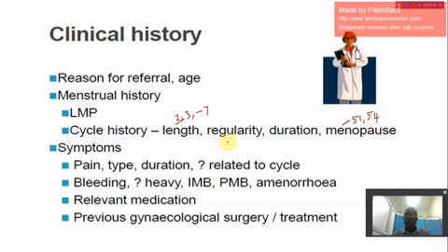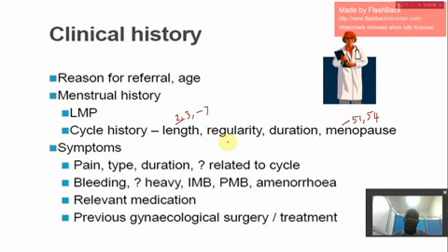Let's look at some symptoms of menstruation, or why the person is referred for scanning. Does the patient feel pain? The type of pain, duration of the pain. Is it related to the cycle? Is it due to the menstrual cycle that's making you feel the pain? Bleeding.